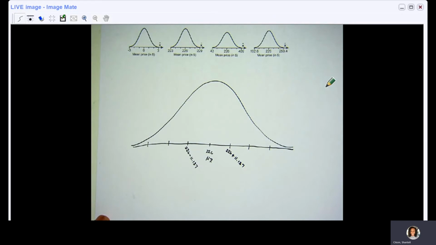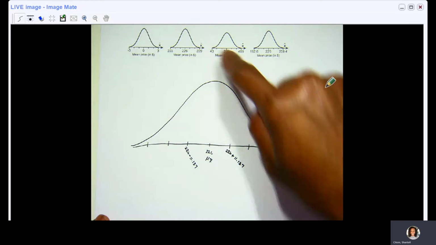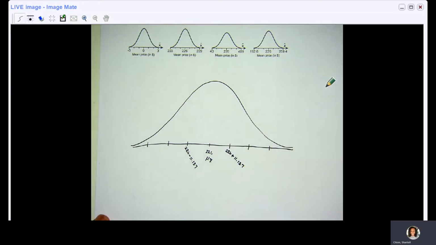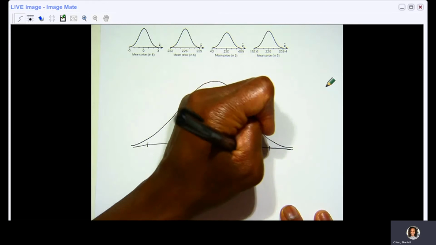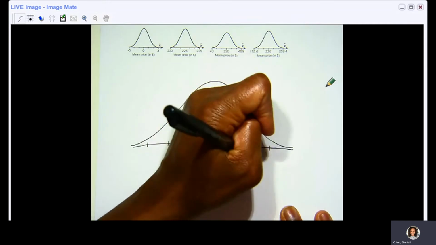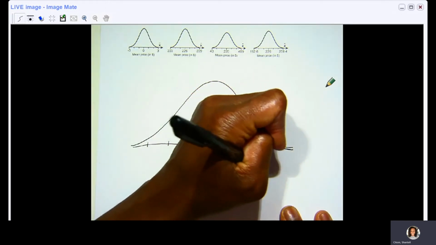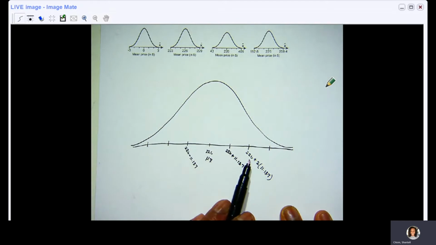Okay? And they don't have that first one above and below labeled, so I'm going to just keep on looking up further. The second one here, that would be 2 deviations above 226. That would be 226 plus 2 times 11.137. And that just means 2 deviations above the mean.